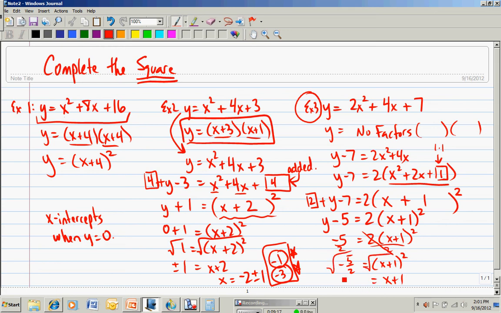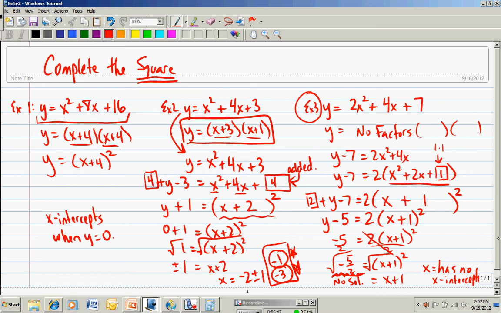And here we have a problem. The problem is you cannot take the square root of a negative number. So at this point, we know there will be no x-intercepts here because we have no solution. There is no place that this graph will cross the x-axis.